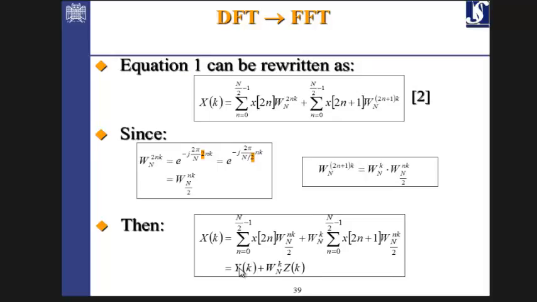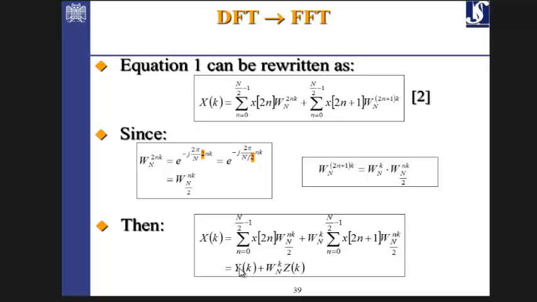So you have the definition for the DFT, but the only thing that differs is that you take the even and odd samples. The sigma is broken down into two sigmas, one over the even samples, one over the odd samples, and their respective eigenfunctions, those eigenfunctions which belong to the sample.